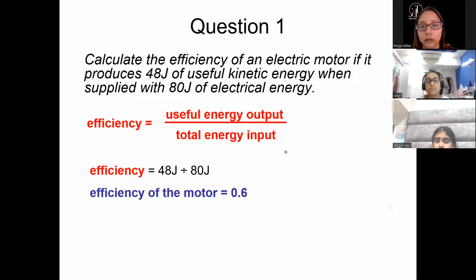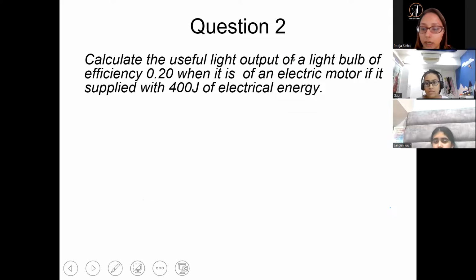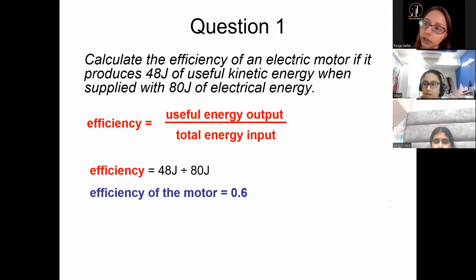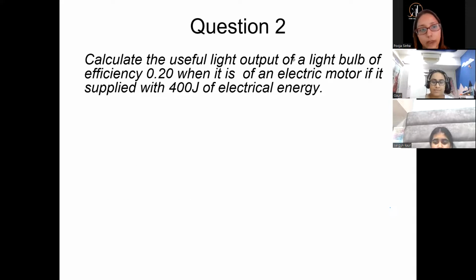So, Sargun, you just need to put the percentage sign. And if the question is not in percentage, then the efficiency should be below 1. Unless you are asked to convert to percentage, you will not convert it. I had written mine as a fraction. That's also okay, but try to give it as a decimal number. Okay, I'll do that.